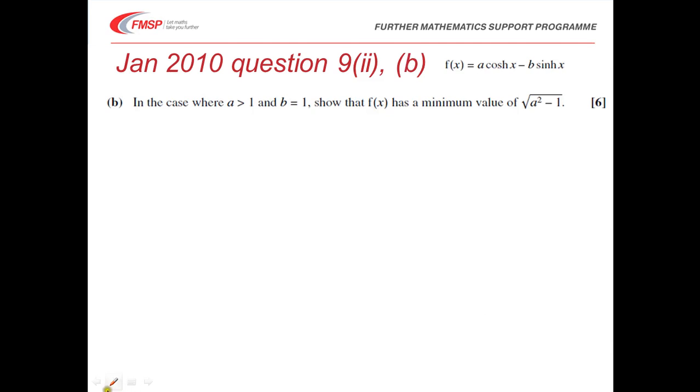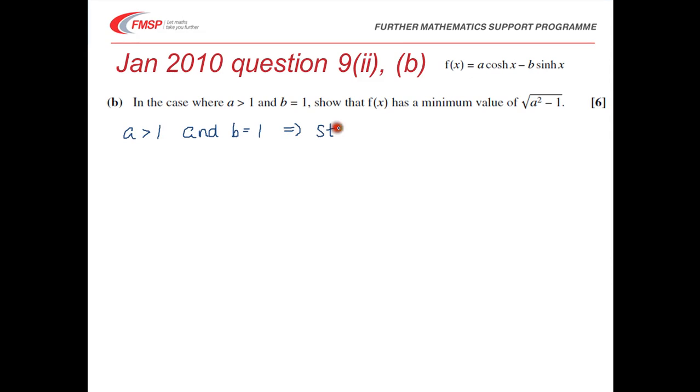So now we move on to part B, and in part B we've got a fair bit of work to do here. It says, a slightly different case, because here we're told that A is greater than 1 and B is equal to 1. So the first thing that we need to see, of course, if A is greater than 1 and B is equal to 1, then that implies that we could have a stationary point.